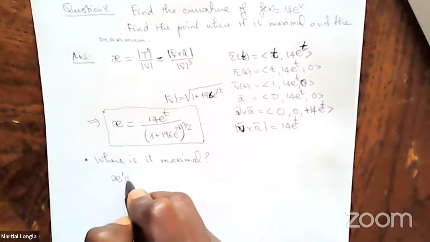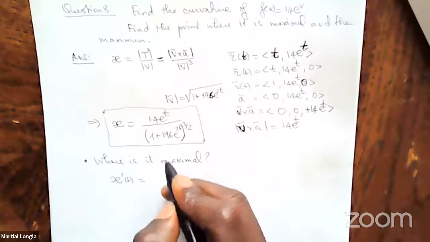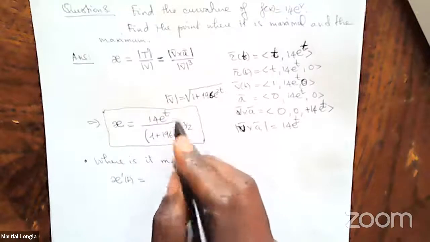The derivative of this is a quotient rule.